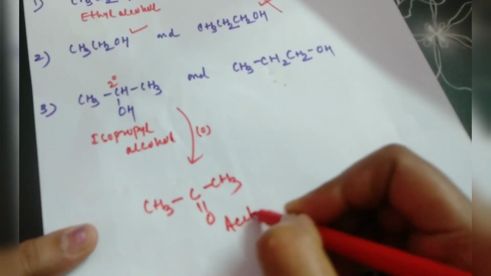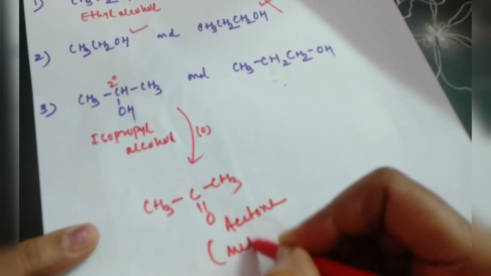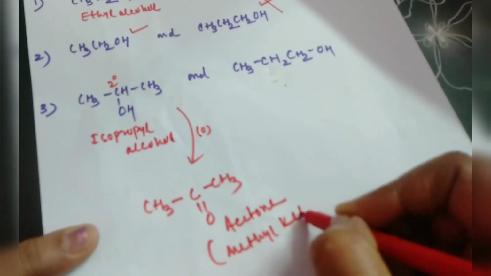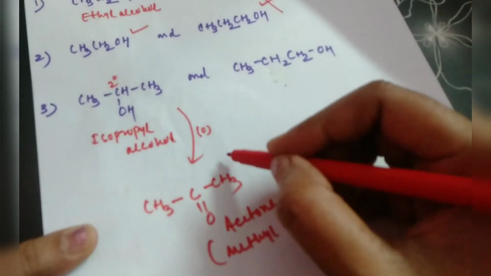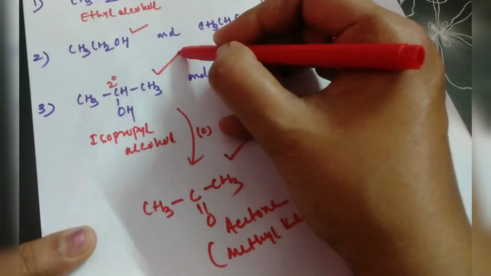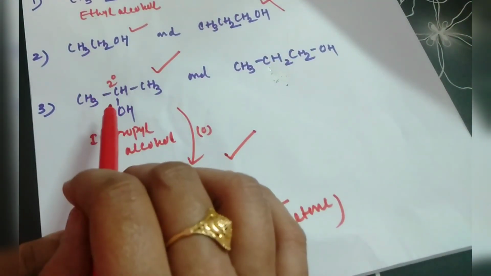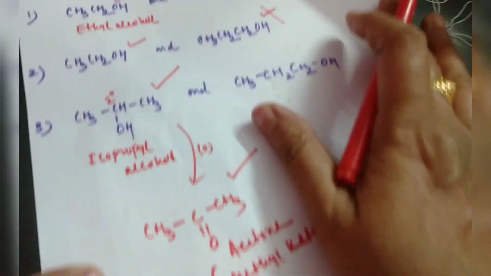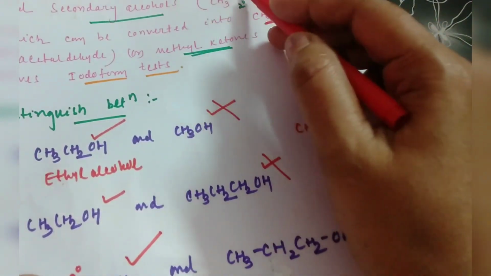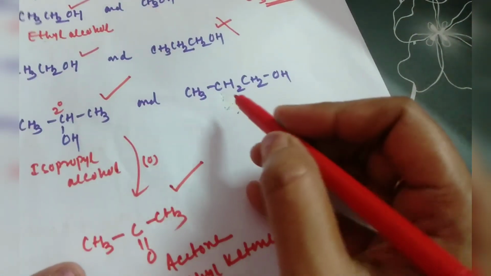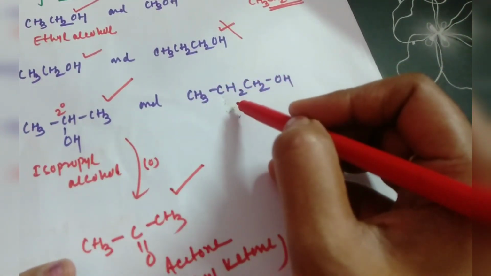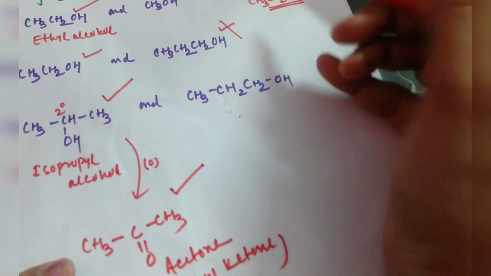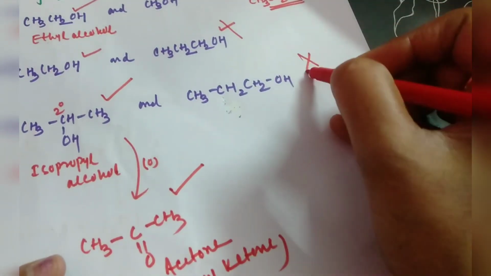This is your acetone, one type of methyl ketone. See here, to this carbonyl group a methyl group is directly attached, that means it will give the iodoform reaction. So any secondary alcohol of this type will give the methyl ketone group, that will give the iodoform reaction. But in propyl alcohol, if you oxidize it, it will give propionaldehyde, and that will not give the iodoform test.